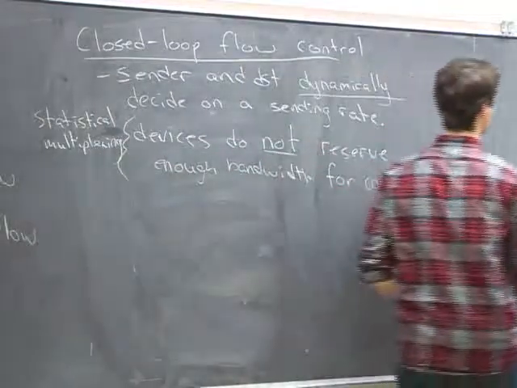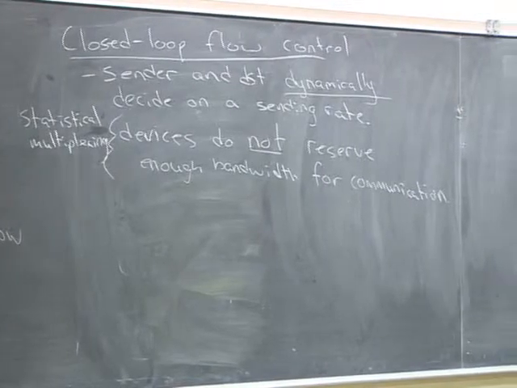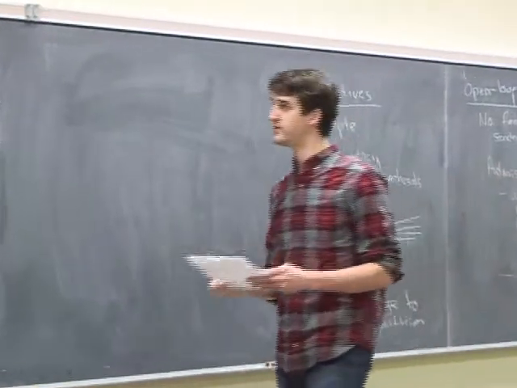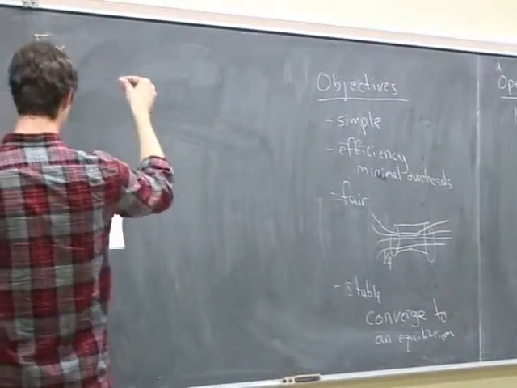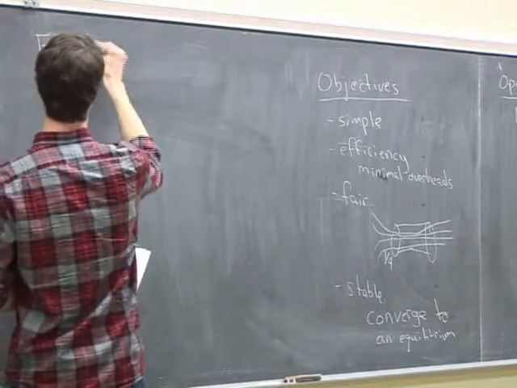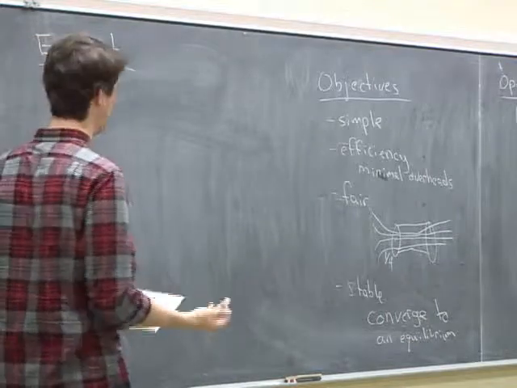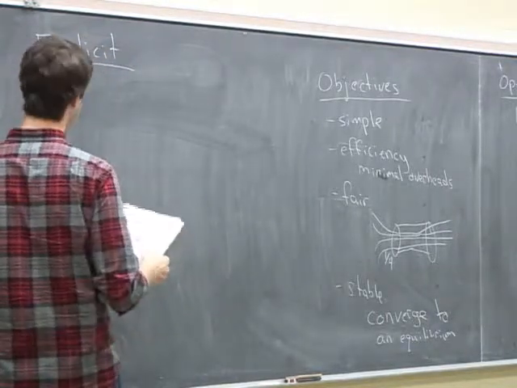Now within closed loop flow control, there are a few different ways we can go about achieving the flow control. The first is where we use explicit notification of the sending rate and the status of the network.